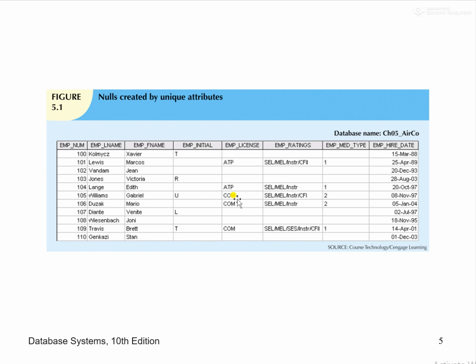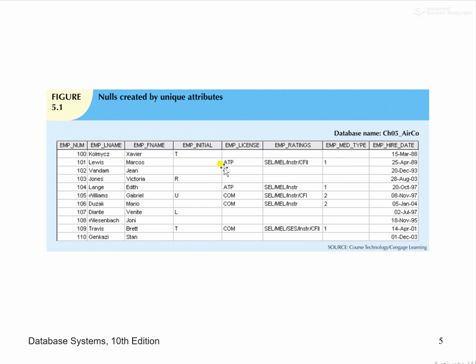The same is true for employee rating: this attribute is only applicable to the special type of employees who are pilots, but not to other types of employees, and so on.